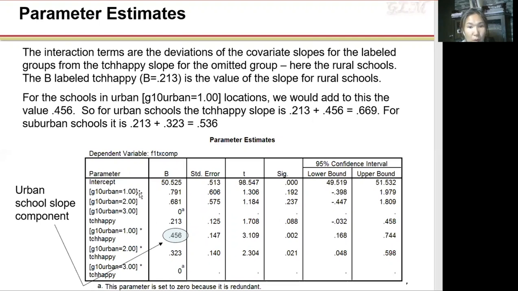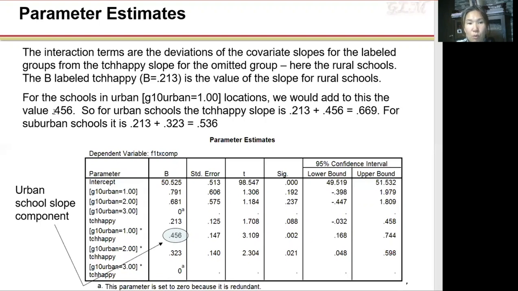So number 1 group is urban, number 2 is suburban, number 3 is rural. So B labeled teacher happiness, 0.213, is the value of the slope for rural schools. For the schools in urban, coded as 1 location, we would add to the value for the rural.